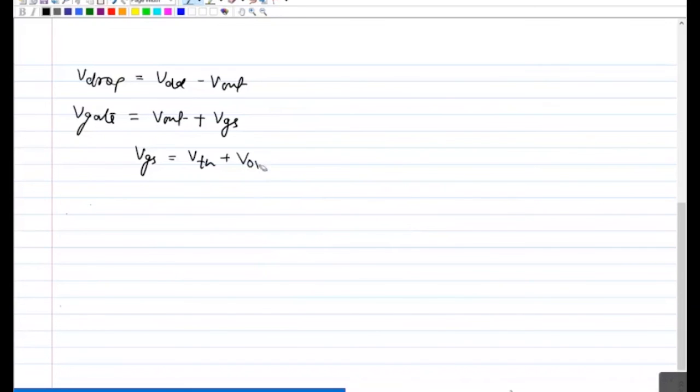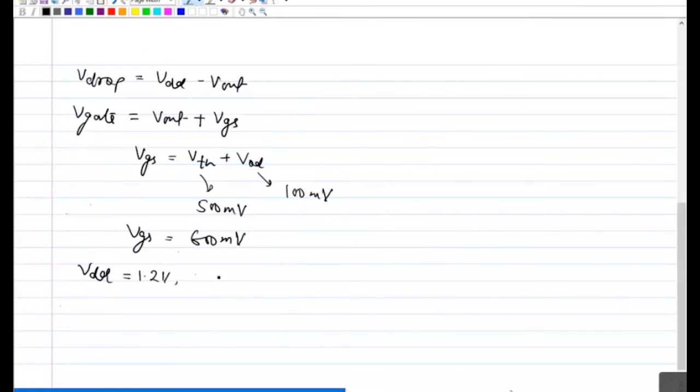Overdrive voltage, VOD. Okay, and if this is, let's say, 100 millivolt and this is 500 millivolt, then VGS will be 600 millivolt.